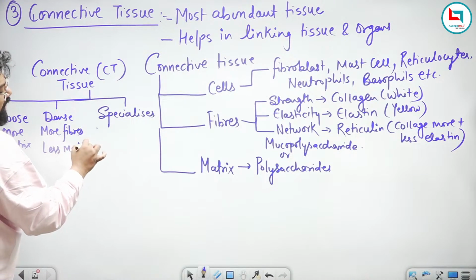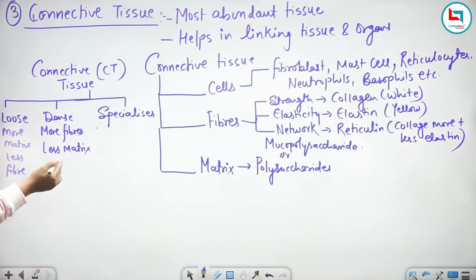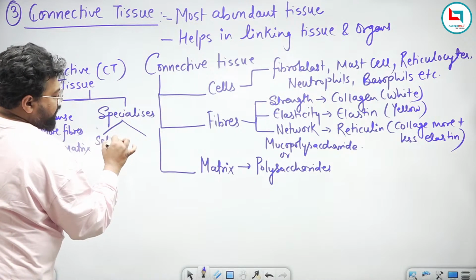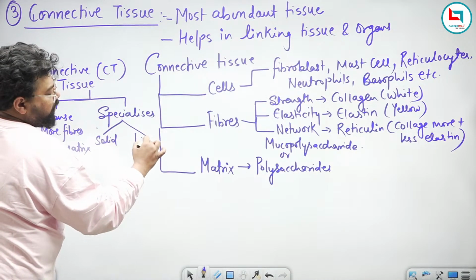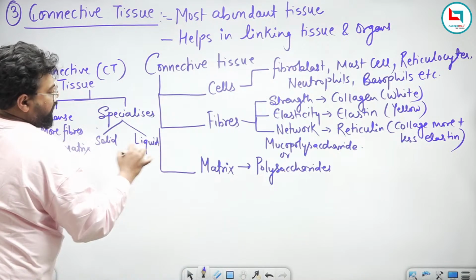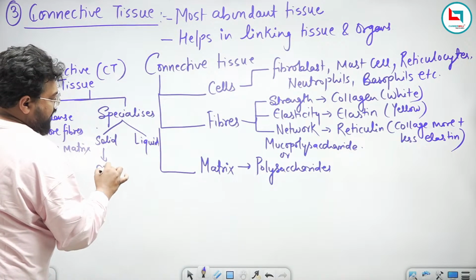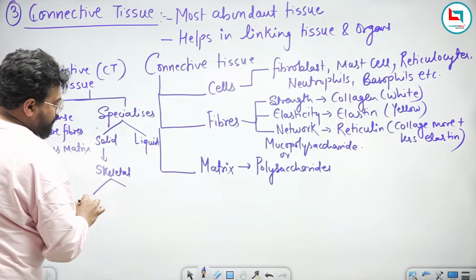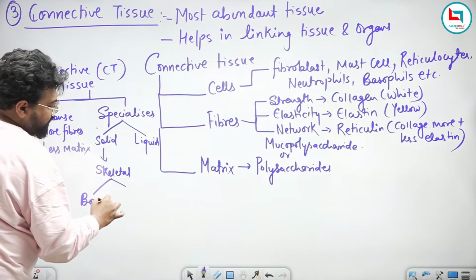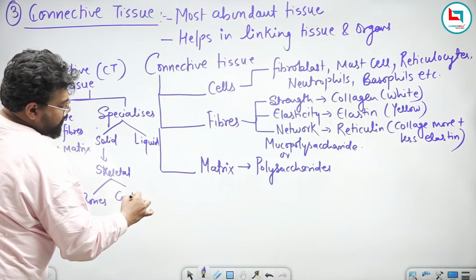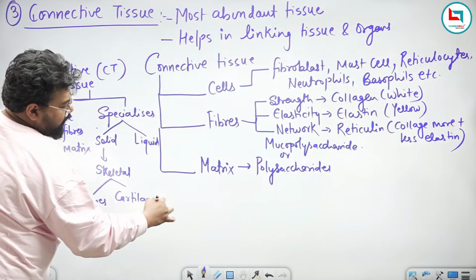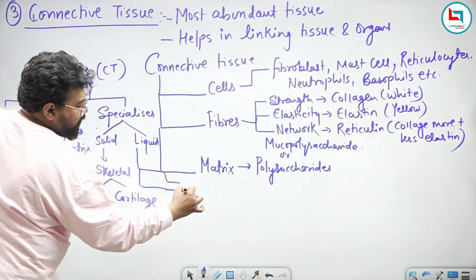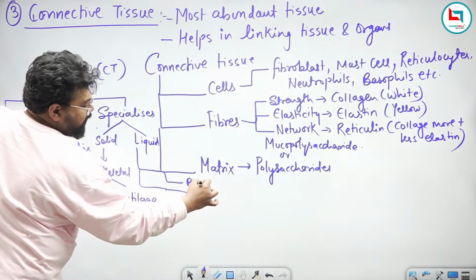A specialized connective tissue is of further different types. One is in the form of solid, another is in the form of liquid. In solid we have skeletal. In skeletal we have bones and cartilage. And in fluid we have blood and lymph.